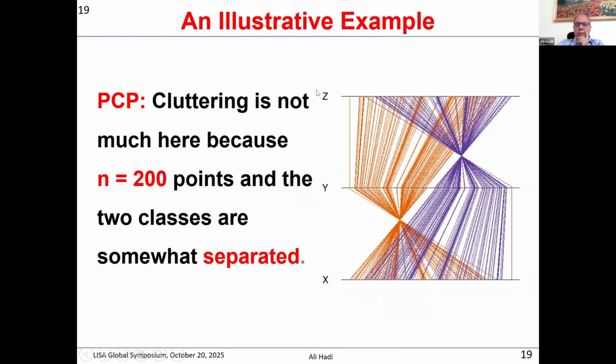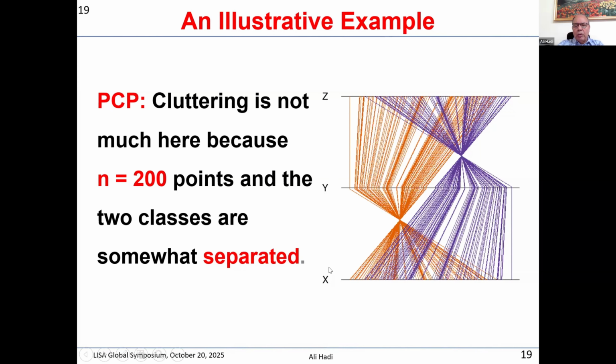If we take this and do the PCP, the parallel coordinate plot, this is what we see. The 3 variables are here, and you can see that we have again 2 classes between z and y. This class here to the left is positively correlated because the lines do not cross, but for the class to the right, the blue class, the lines cross, so this is negatively correlated.